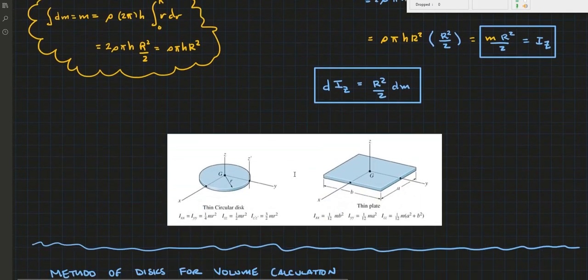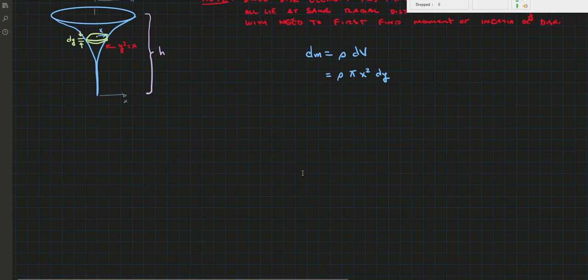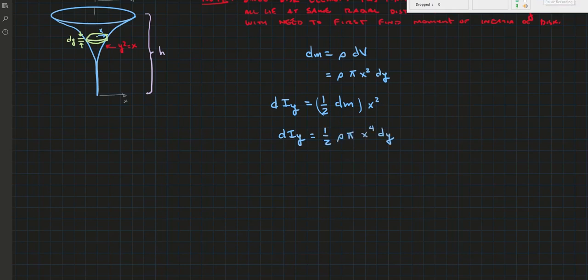First, we need to use the differential moment of inertia that we looked at, 1/2 dm times r squared, or essentially x squared. Placing all this in here, we get for our differential moment of inertia 1/2 rho pi x to the 4th dy.